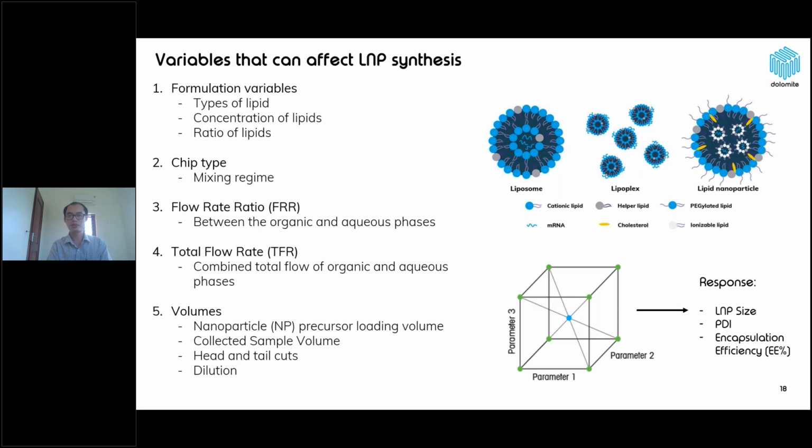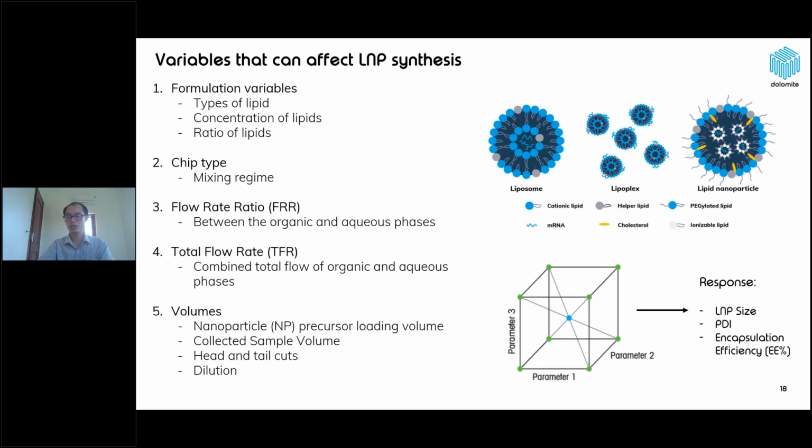The first variables are the formulation variables, for example, the type of lipids, concentration of lipid, or ratio of lipids. From those variables, we can generate different types and different sizes of nanoparticles with different applications. And the second variable is the chip type, chip geometry.